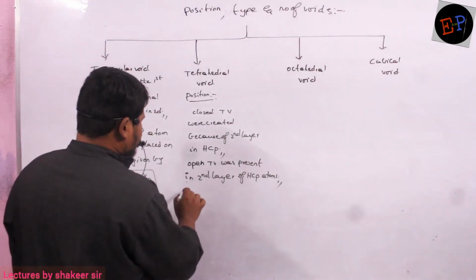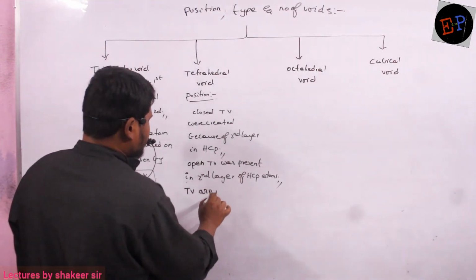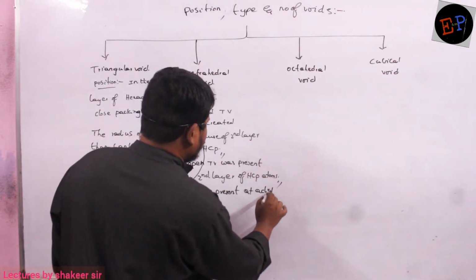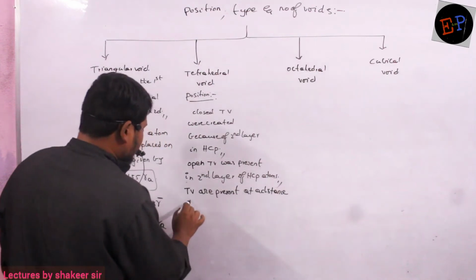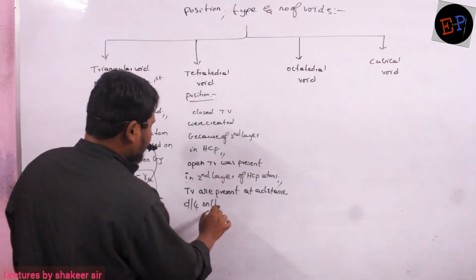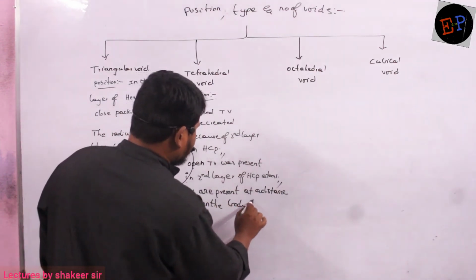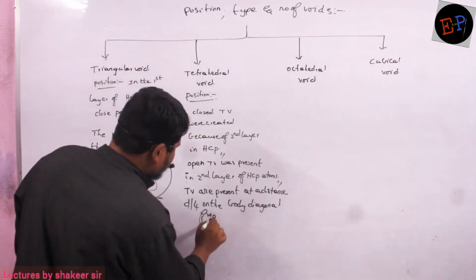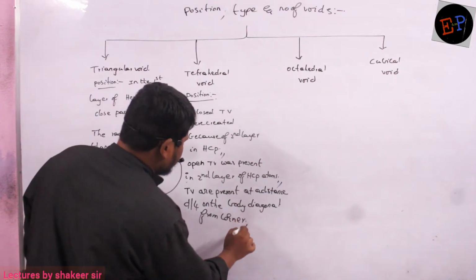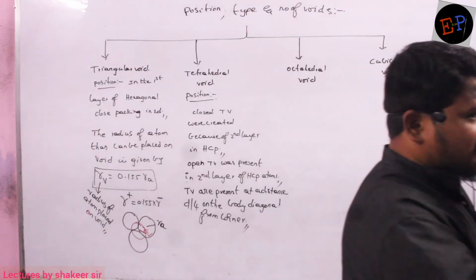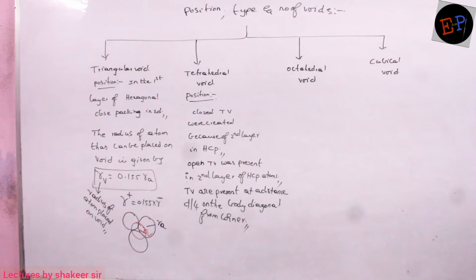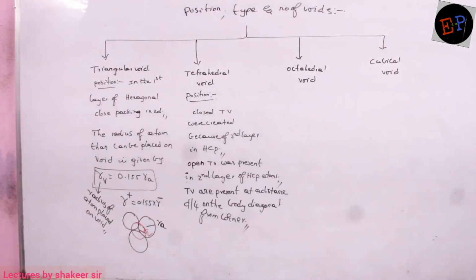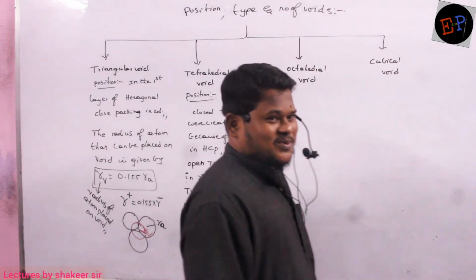So tetrahedral voids are present at a distance of d by 4 on the body diagonal from the corner. So this is the arrangement of tetrahedral voids, and this position you are supposed to learn by heart, because if you try to understand, I don't think it is possible.